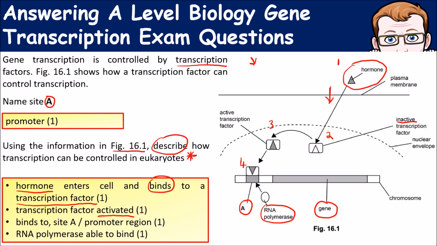Then we can talk about that transcription factor binding to site A, or I would say the promoter region, which finally causes RNA polymerase to bind to that promoter region, and the RNA polymerase will then transcribe that gene.